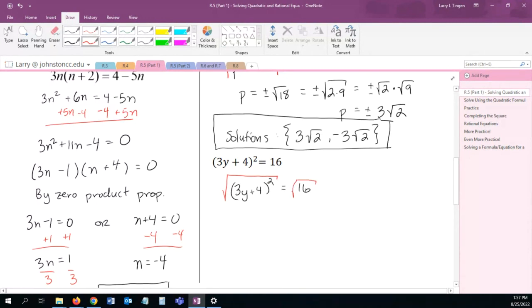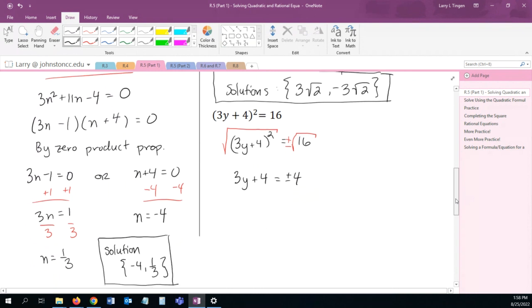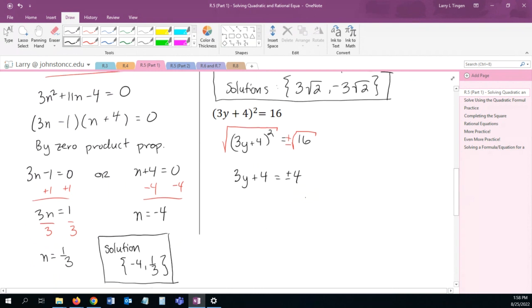Take the square root. If I do it on the left, I have to do it on the right. 16 is a real number, so I have to do positive and negative. The square root of a square is just the radicand, which is what's under the radical. Square root of 16 is 4, and then I have a plus minus over here.